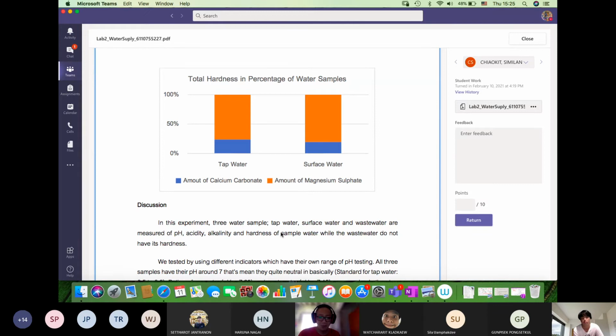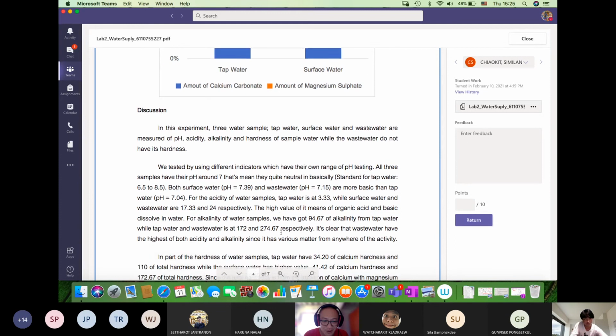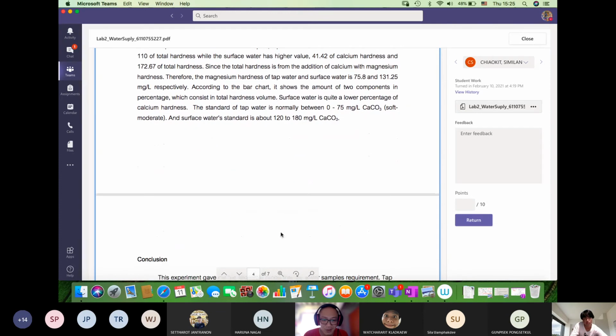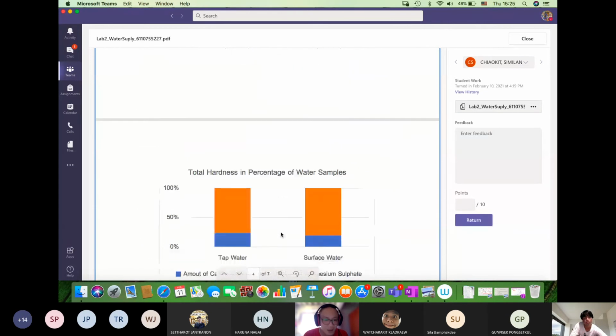Do you remember, if the alkalinity is greater than the total hardness, we assume that all the total hardness is the carbonate hardness. If the alkalinity is smaller than the total hardness, the alkalinity is equivalent to the carbonate hardness. So here, I think you didn't compare with the alkalinity.